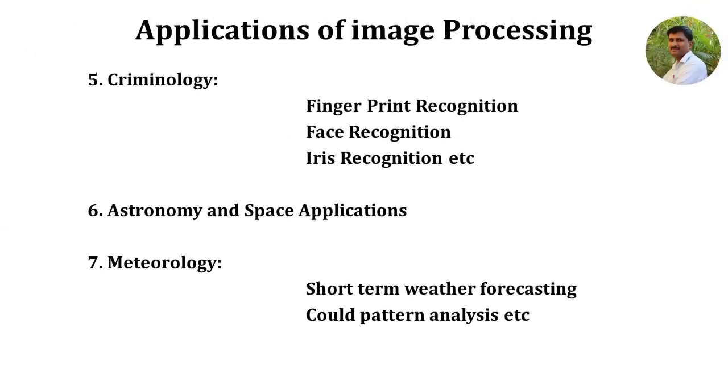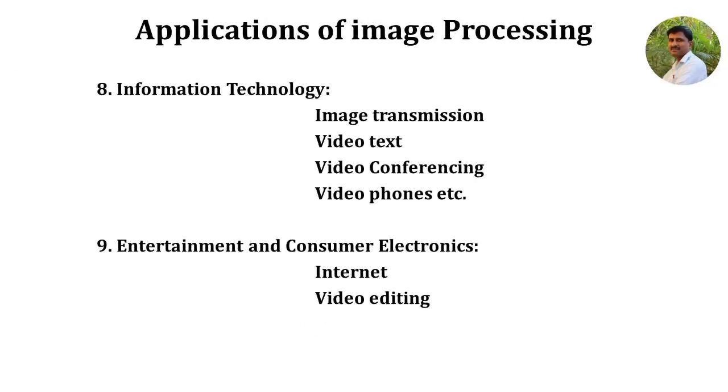In criminology, fingerprint recognition, face recognition, iris recognition, etc. It is used in astronomy and space applications. It is also used in short-term weather forecasting and cloud pattern analysis. As we know, image processing is widely used in image transmission, video text, video conferencing, video phones, internet, video editing.